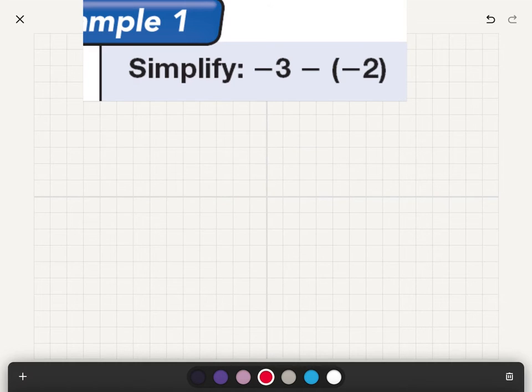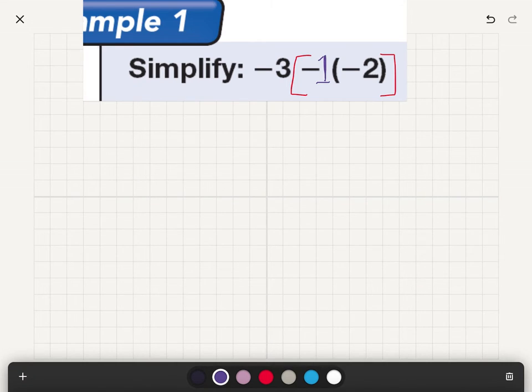So in this case, we can put some brackets around here to say, let's do this first. And here's a good way to look at this. Like we were saying with multiplying, what this is technically saying is -1 times -2.